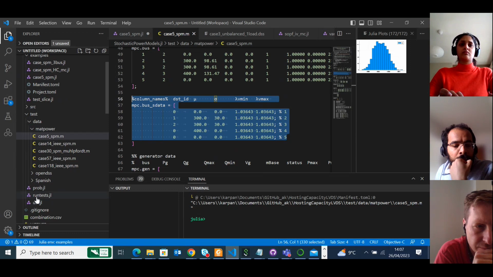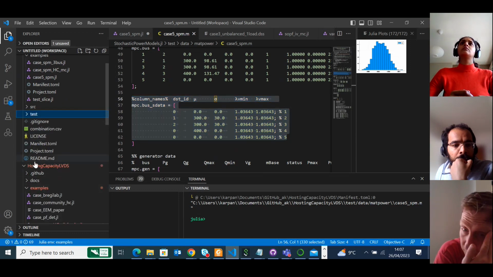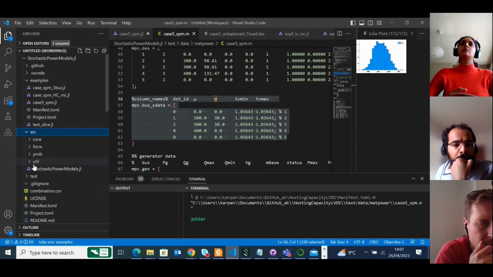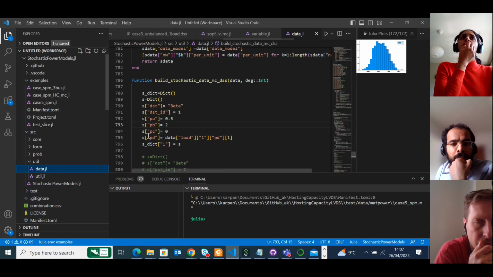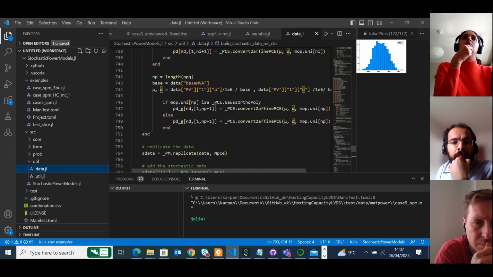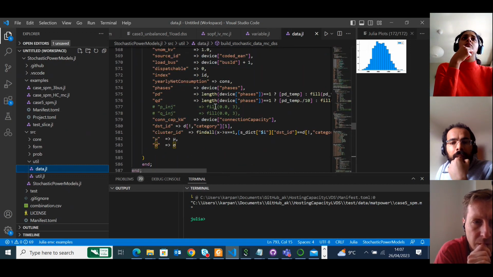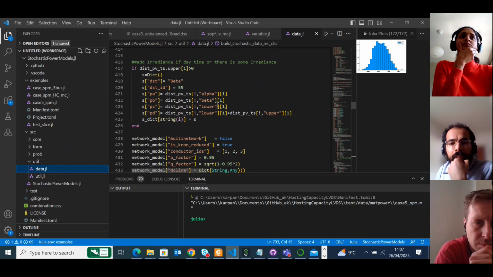It should be somewhere in the util. Let me see, where is util src, util data. So here you already have this. Wait, this is too big.